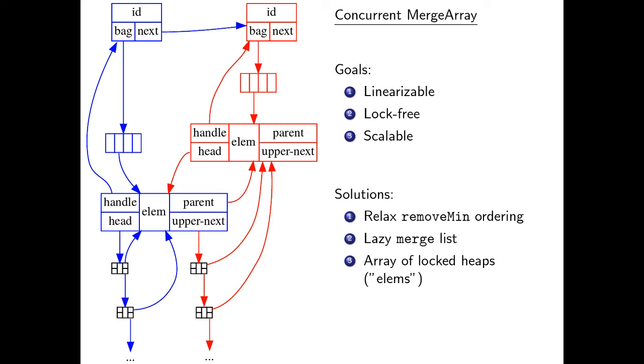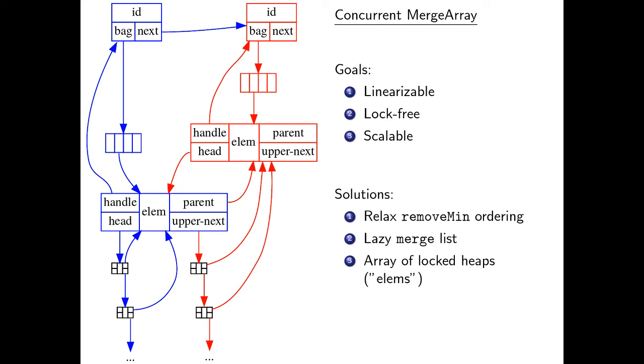And the rest of the red node's merge list is followed up in the upper next pointer of the blue node. So it's an intrusive linked list. And that goes down the red pointers for the rest of the things that might be needing to be merged into the red node. And you can see at the very top that the blue node is being merged into the red node.